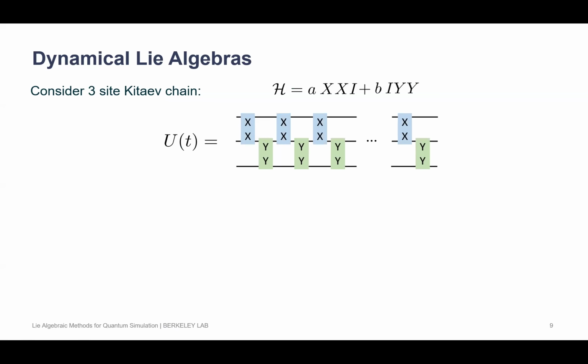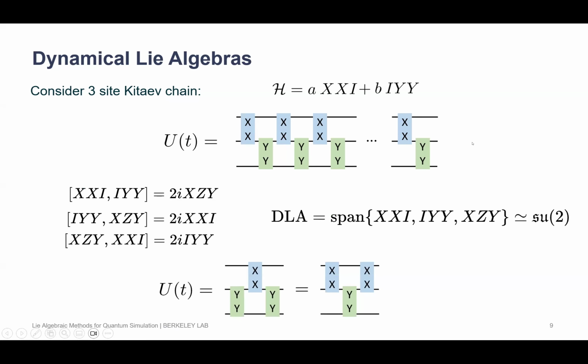So here's a toy example to give you a little bit more of a feeling. Let's consider 3-site Kitaev chain instead of 5. In this case, we have only 2 terms in our Hamiltonian, and a traditional Trotter circuit will be like this, of indefinite length. However, the dynamical Lie algebra turns out to be just 3-dimensional in this case. That's why it's a toy example.